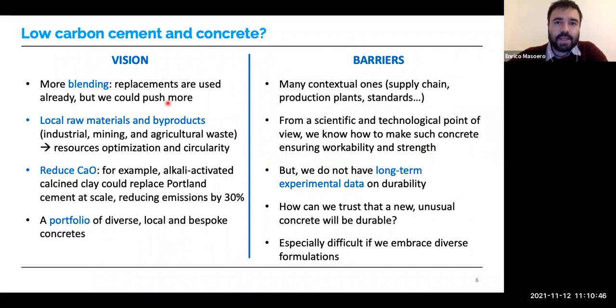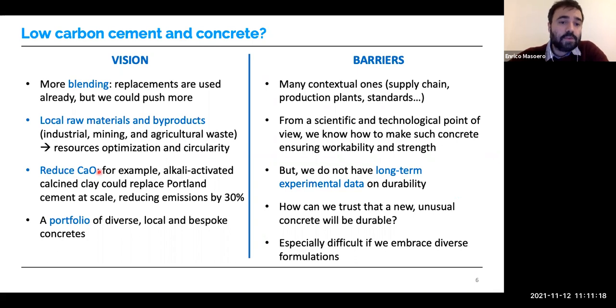So try to put in as much waste, industrial byproducts, mineral tailings, anything that can be cementitious or can at least contribute positively to the cementitious material but has a low impact, chuck it into the concrete. One good thing of cement and concrete is that you can put almost anything into it and it's still kind of gonna work. And if we can do that, we can use local supply chains, which also support circularity of local economies. So it's a positive thing.